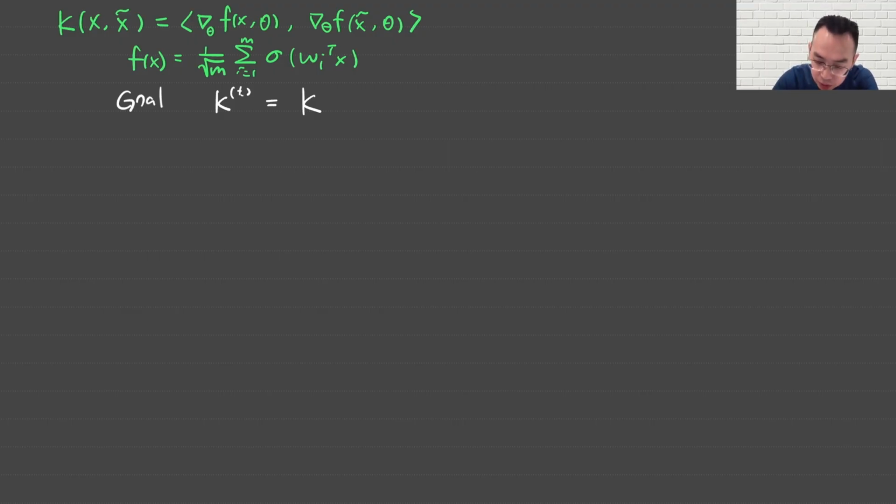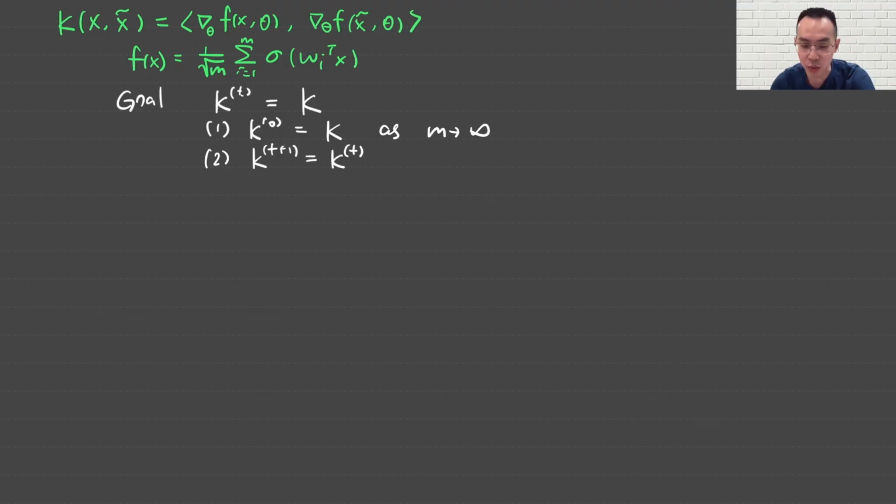The first step is to show that at initialization, it equals K as m goes to infinity. This K is an asymptotic limit case for the kernel matrix of the NTK. The second step is to show that for each update, the t plus one step, the kernel stays the same.